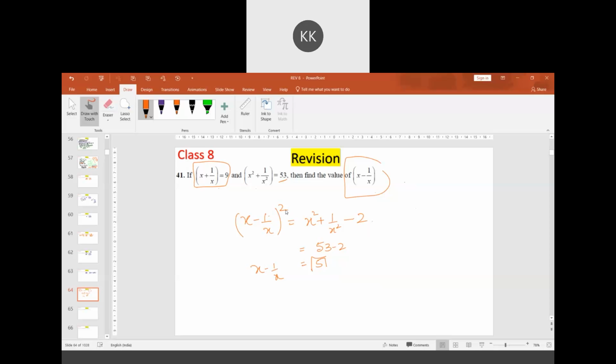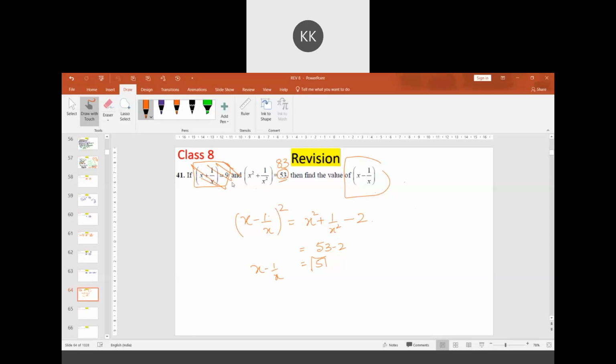Yes, sir. The equation is wrong, sir. We will rectify this question. It should be 83, sir. Or it should be 79. If it is 83 minus 2, it becomes 81, and the answer is 9, sir.